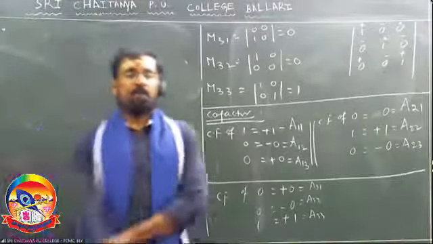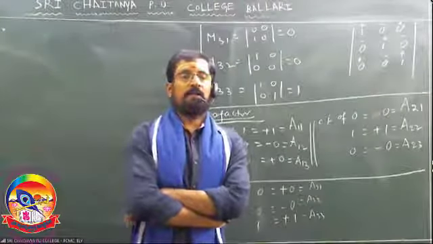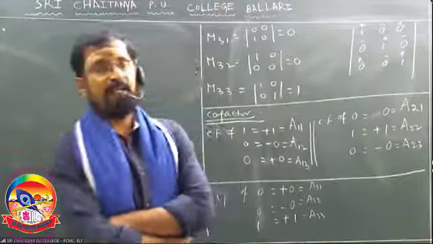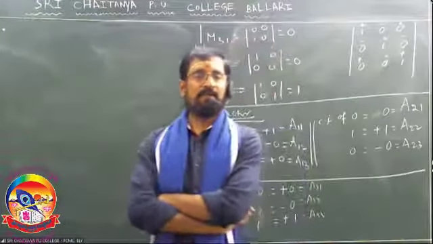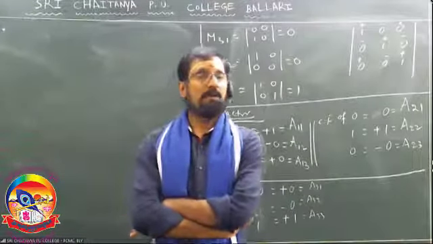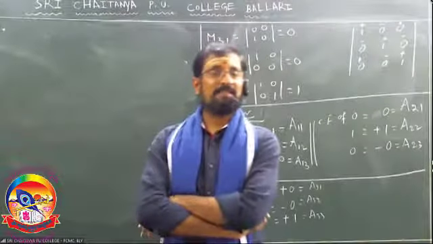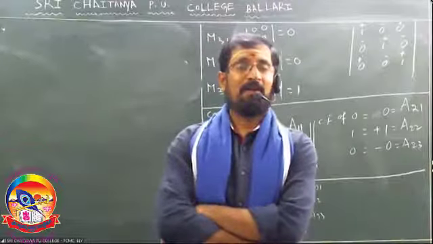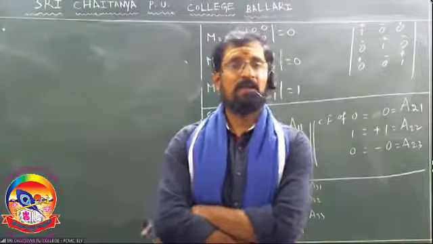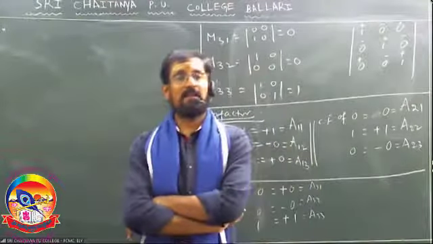I hope you understood the concept of minor and cofactor of each and every element in the given determinant. Okay, up to here it is okay. In the next exercise, you are going to get a small concept and a new name called adjoint A, that means adjoint of any matrix. Why?